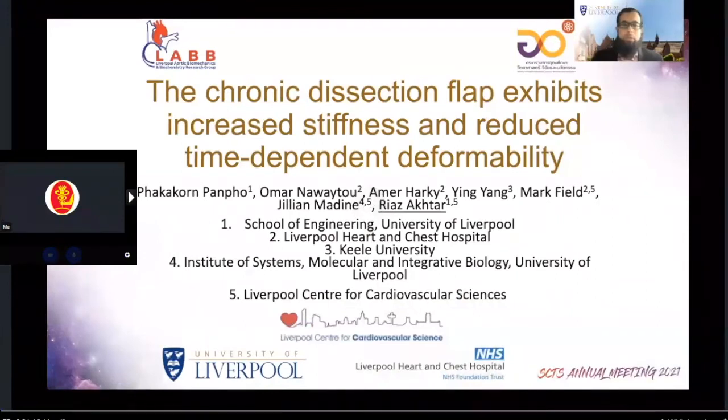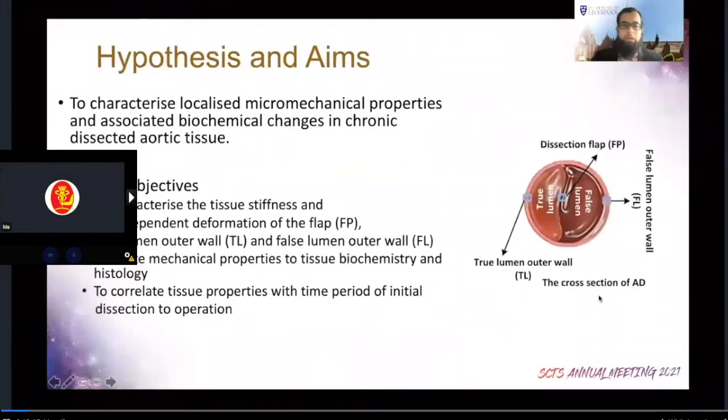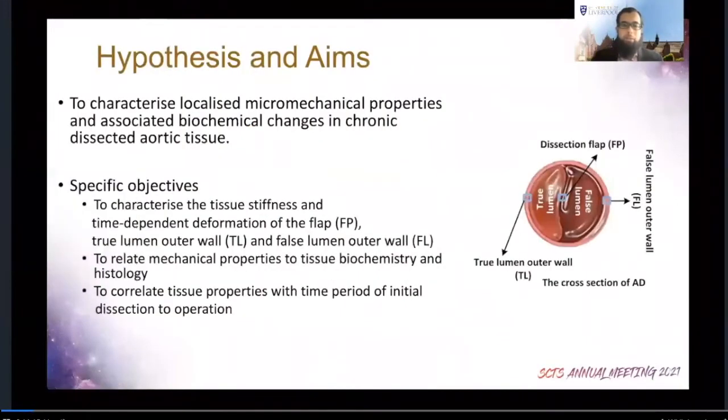Hello, my name is Dr. Riaz Akhtar from the University of Liverpool, and I'll be talking about our study which examines the biomechanics and biochemistry of chronic dissected tissues. Little is known about how the mechanical properties and the associated biochemical properties of chronic dissected tissues change over time.